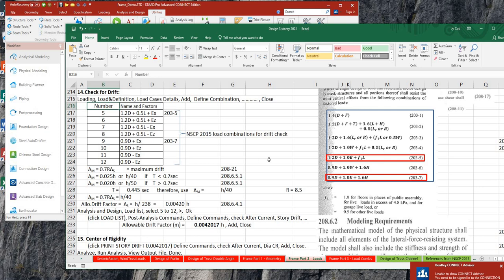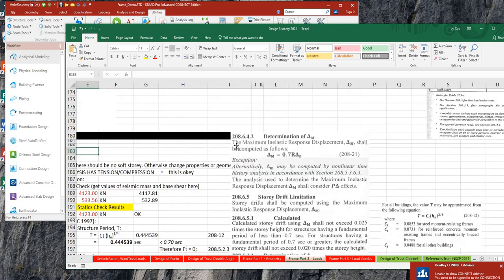From 208-21, determination of delta M: the maximum inelastic response displacement, delta M, shall be computed as follows.